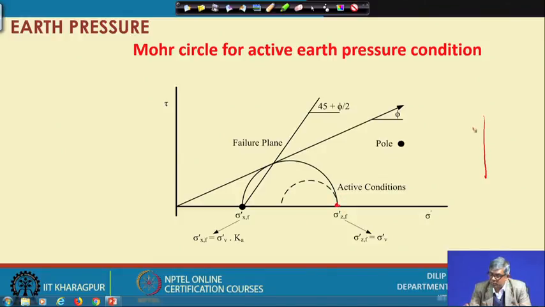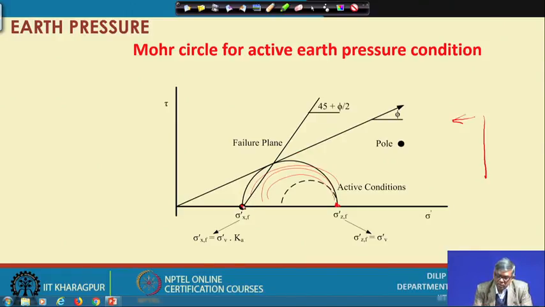Because of the movement of the wall, as I have told you, the horizontal stress will be decreasing, and finally it reaches here just before failure. So, this is the lowest value. In the active case, this Mohr circle now becomes tangential to the envelope. What will be the failure plane?